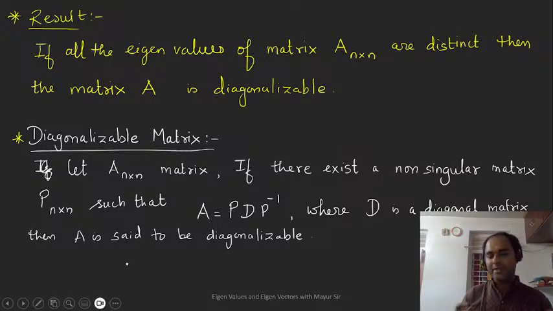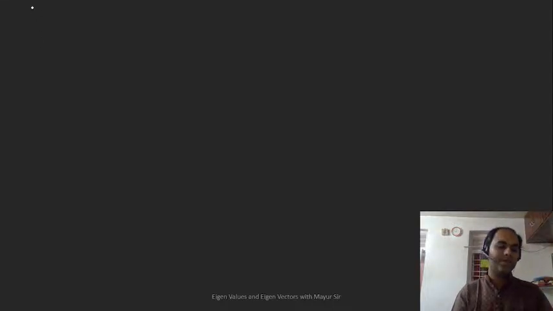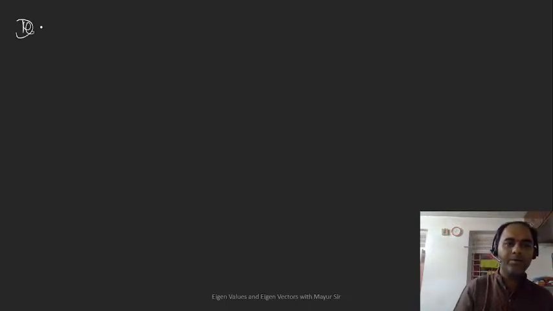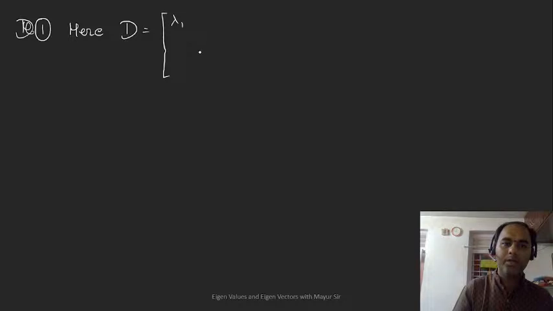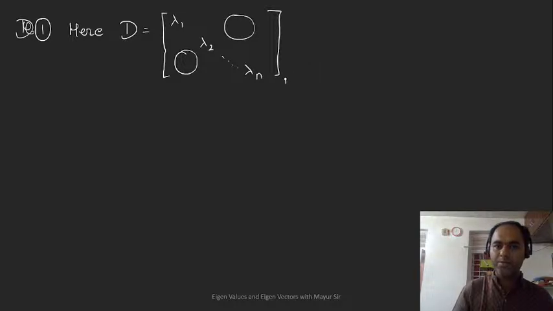Now I would like to tell you a very important thing here. You can just continue along with this. The very important thing is how D is made. You can write this as a note. D is equal to lambda 1, lambda 2, and so on up to lambda n on the diagonal entries, and everywhere else there is 0, so it is n cross n.